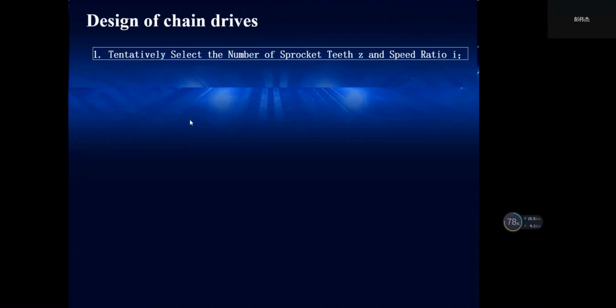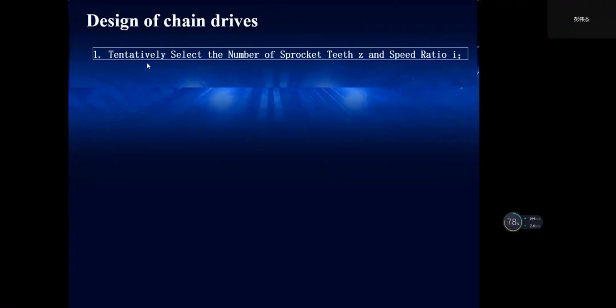When we do chain drive design, we should determine the number of sprocket teeth and the pitch, the number of strands, the center distance, and we should choose the structure of sprocket and so on.